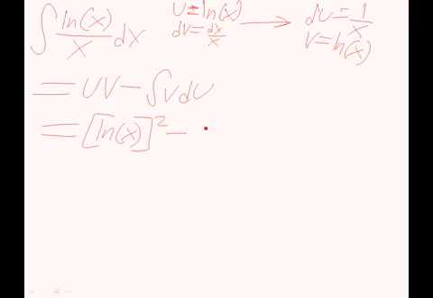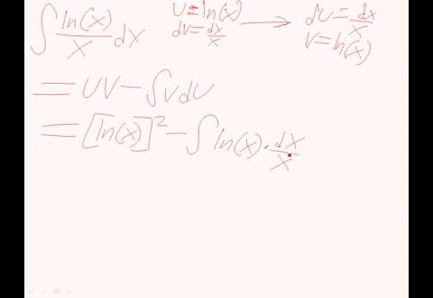And then you'll have minus the integral of v du. V is natural logarithm of x, and du is, I'm sorry, there should be dx there, will be now a dx over x. But take a look at this. This is exactly what you started off with.